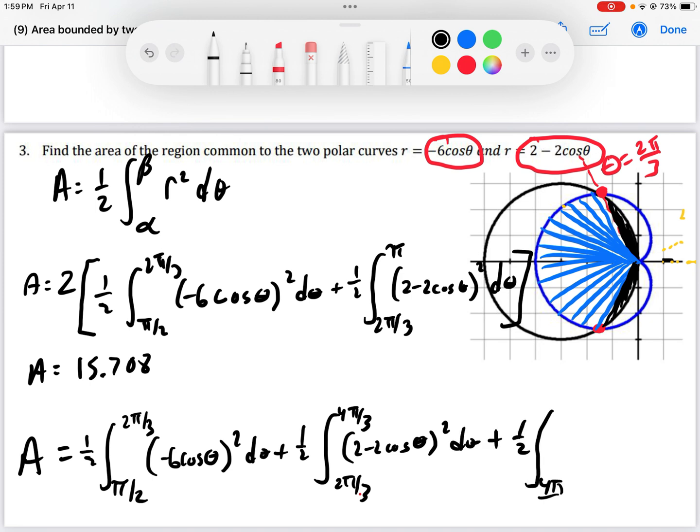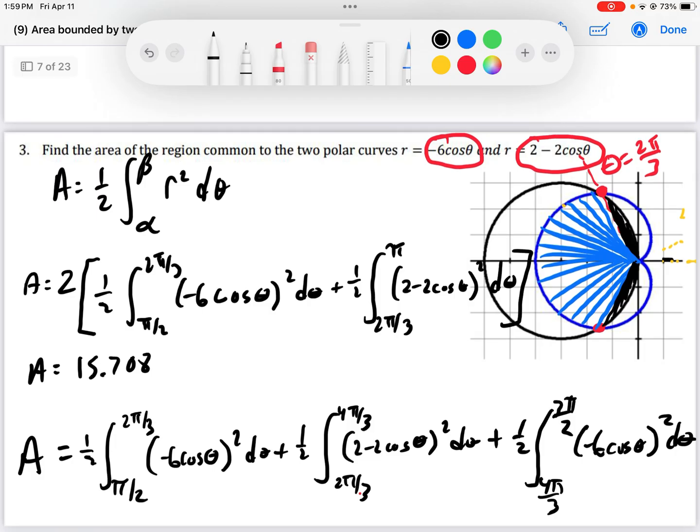Then add, picking back up from 4 pi over 3 to 3 pi over 2 using the -6 cosine theta as our radius function, d theta. That would give you the same thing.